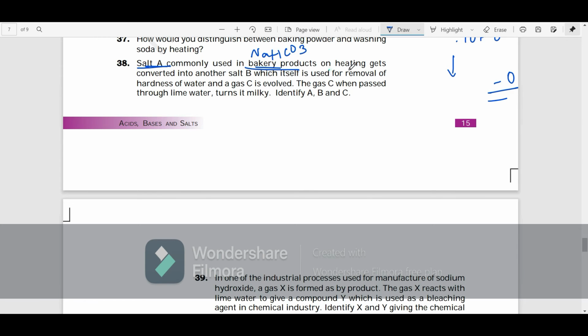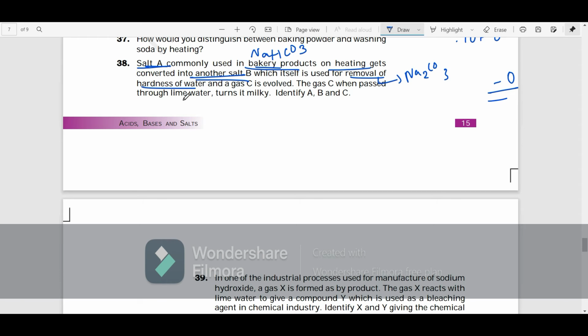On heating it gets converted into salt B, which is used for removal of hardness in water. Which is used to remove hardness of water? Na2CO3, right? Na2CO3 is used to remove hardness of water.